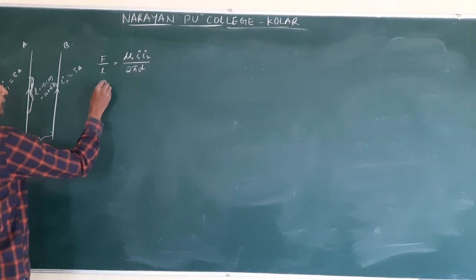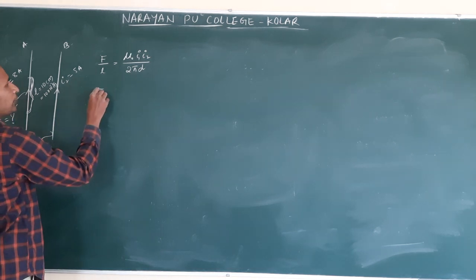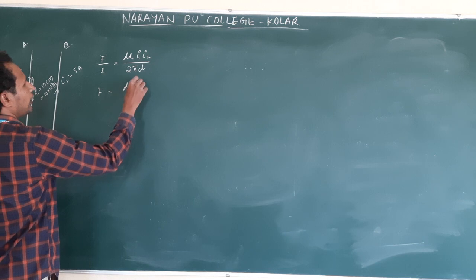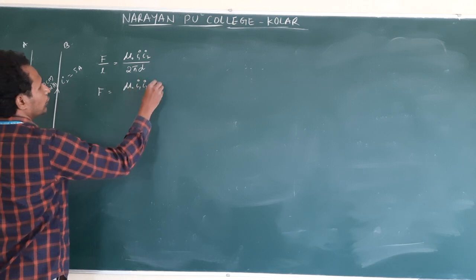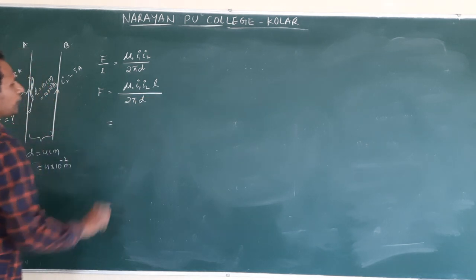But what are they asking? F they are asking, on this section. So make F the subject. F is equal to mu naught I1 I2 L by 2 pi d. Now substitute the values.